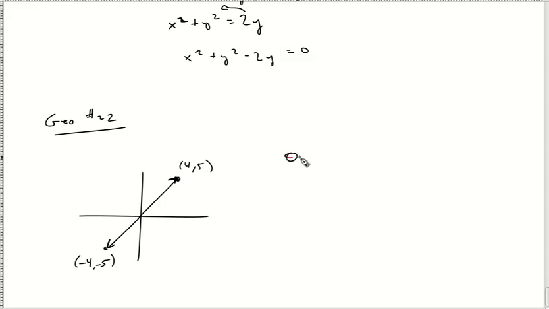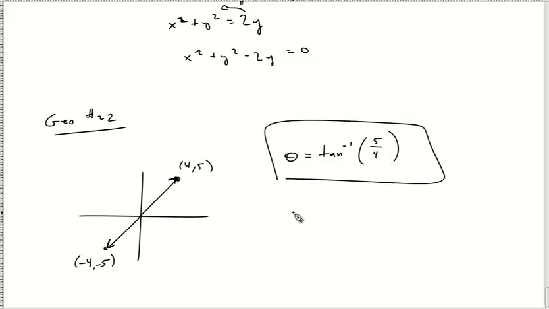Okay. Here you go. Theta equals arctangent of 5/4. This is just the formula. This is a y, that's an x. Ta-da. Here's another formula for you. 5/4 and then times x.